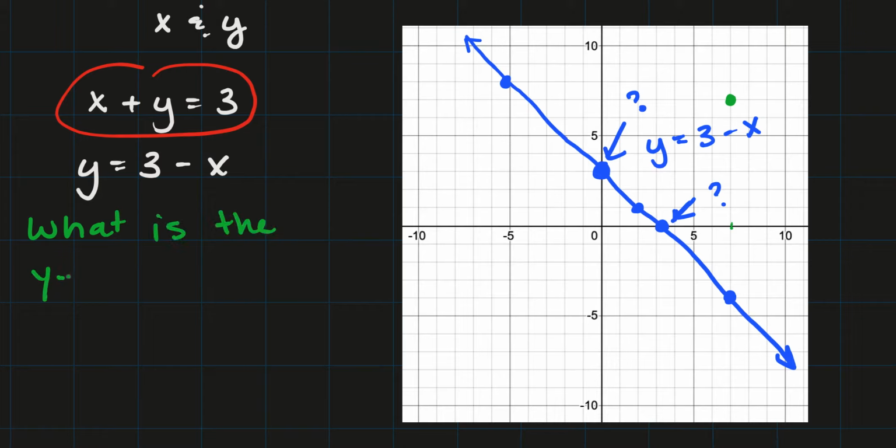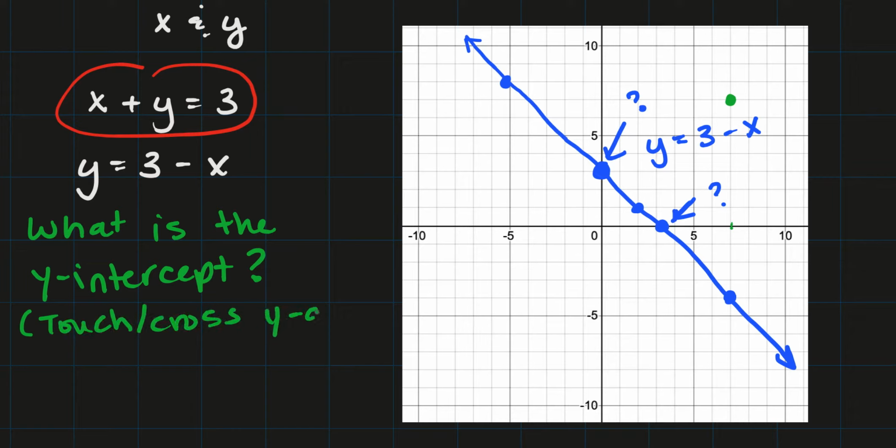Let's start with the y-intercept. So that's where we cross the y-axis. Now, sometimes a graph, just looking at it, this one's going to be easy, but sometimes it doesn't cross at a nice number. You can't really see.